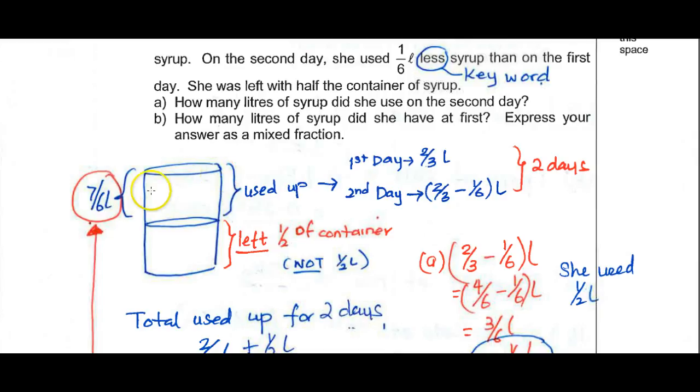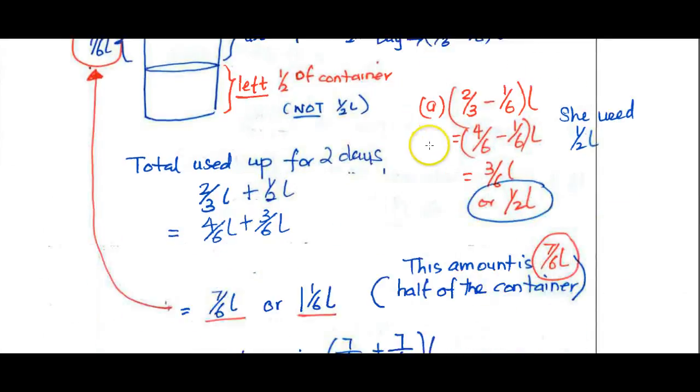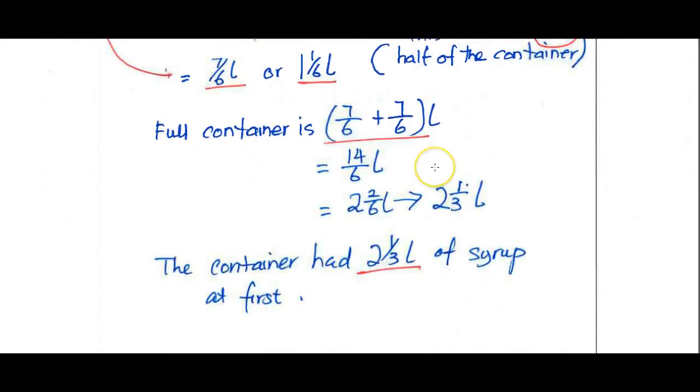All you have to do is take 7/6 of a liter plus 7/6 liter, which gives you the amount of syrup she had at first. The workings are down here. 7/6 plus 7/6 is 14/6, or 2 1/3 liters. The whole container is 2 1/3 liters.